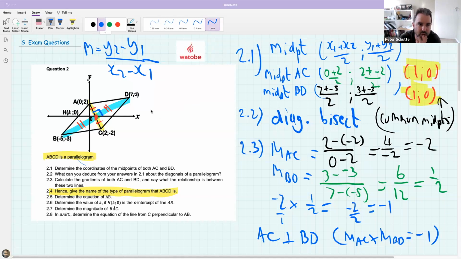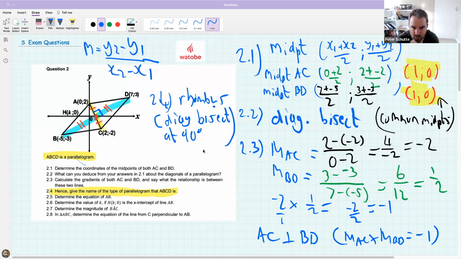Who thinks they know the answer for 2.4? So it's a special type of parallelogram. It's called a rhombus. And a rhombus is kind of like a pushed over square. The reason that we know it's a rhombus is the diagonals don't just bisect. They bisect at 90 degrees. So that's the official reason.